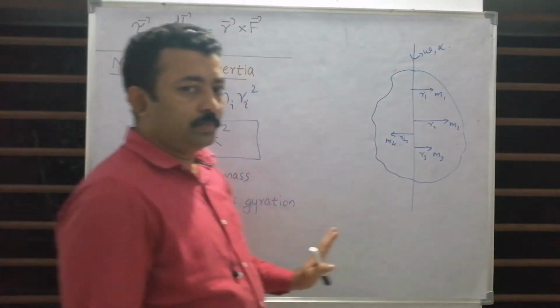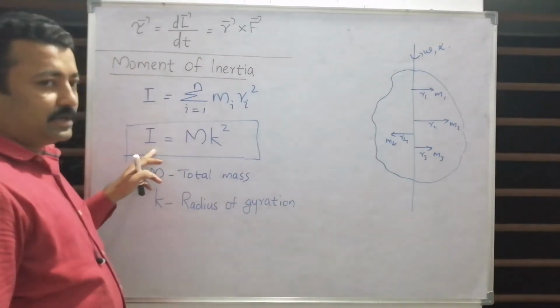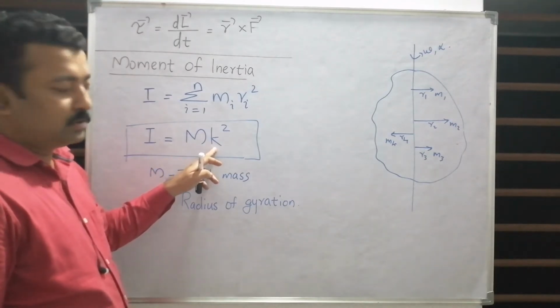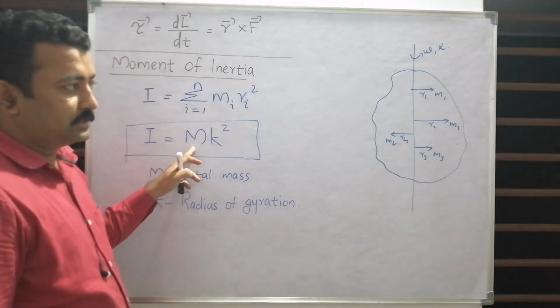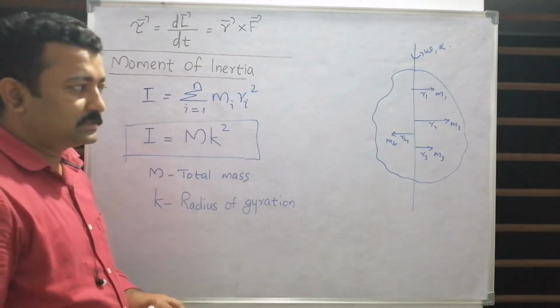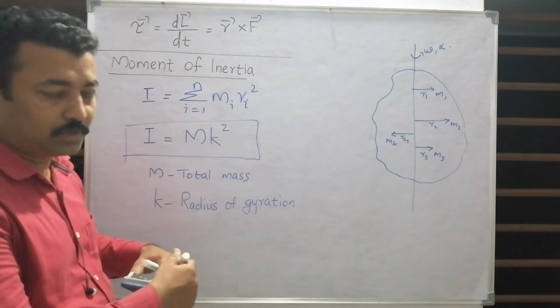I have expressed that in a different form. I is equal to m into k square, where m is the total mass. So this is another way of looking at this problem.